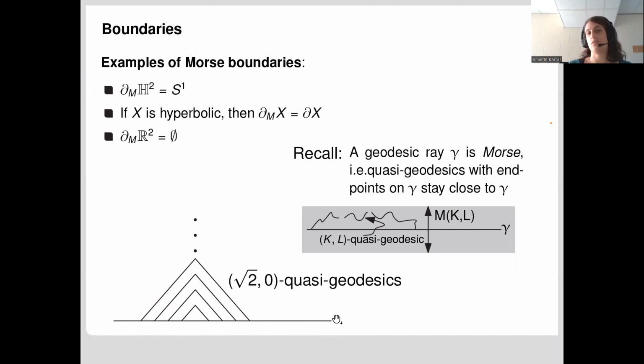And this is not allowed, because we need to find a neighborhood where these quasi-geodesics stay close. So this is something you really should remember. Most geodesic rays behave differently to geodesic rays in Euclidean planes.